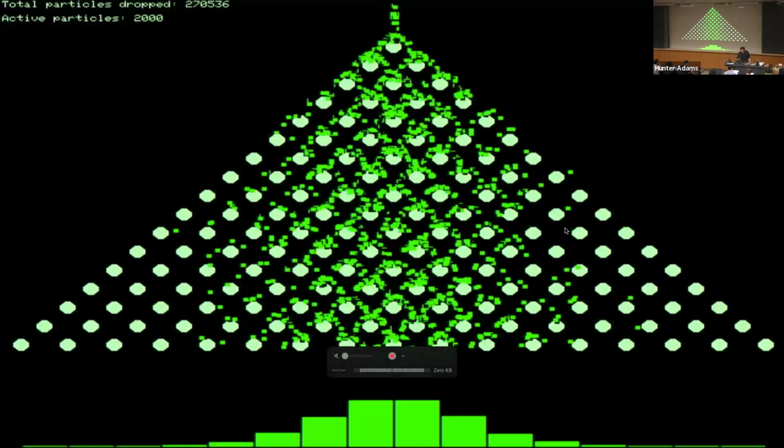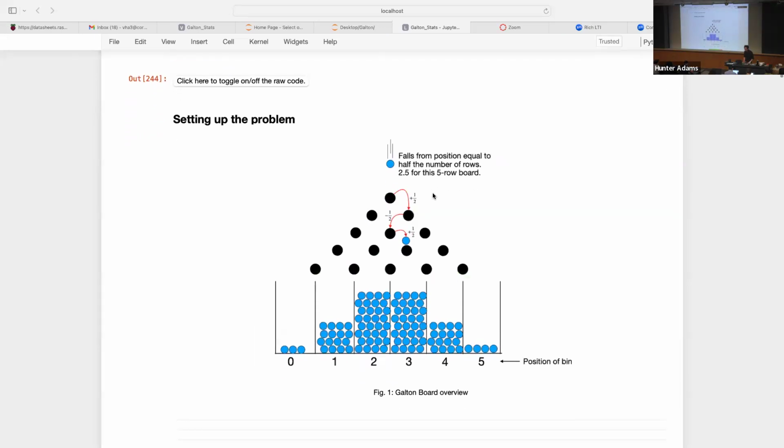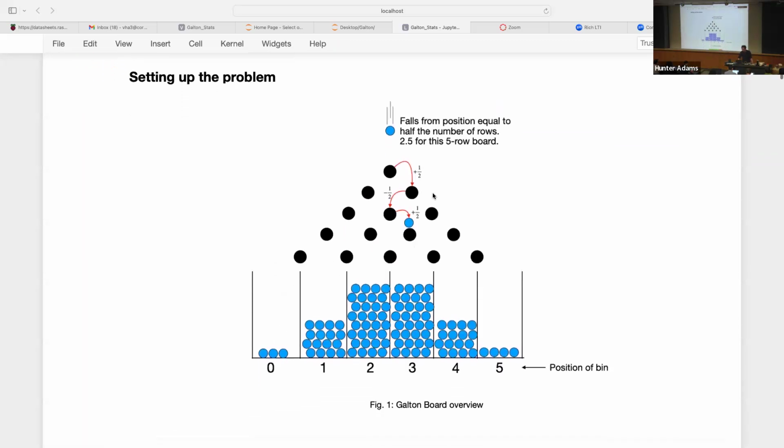Okay, so let me remind you of some of the interesting statistics that this incorporates. In order to have this conversation, I thought we'd introduce a little bit of notation. We will imagine that the little bins underneath the Galton board in which the balls fall are labeled 0 through however many bins there are, with 0 all the way on the left.